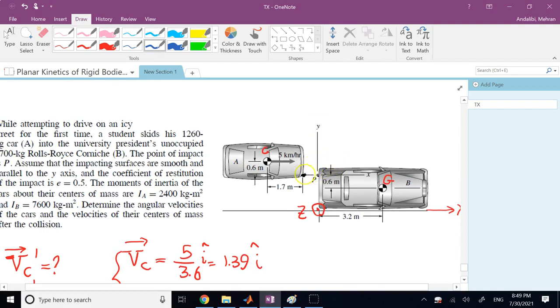So the force is exchanged along the x direction. Therefore, the velocities along the x direction will change, but the velocities along the y direction will stay the same. But when we say velocity, we have to talk about what we mean by velocity.